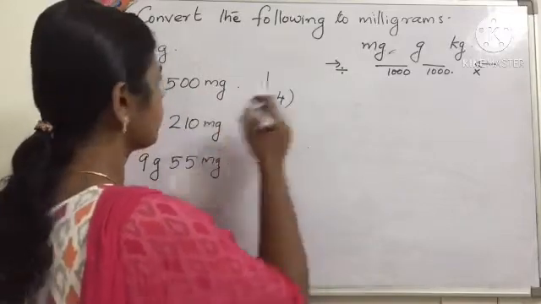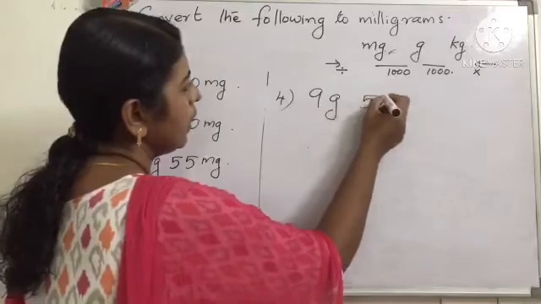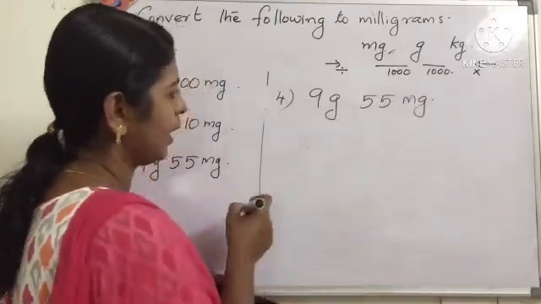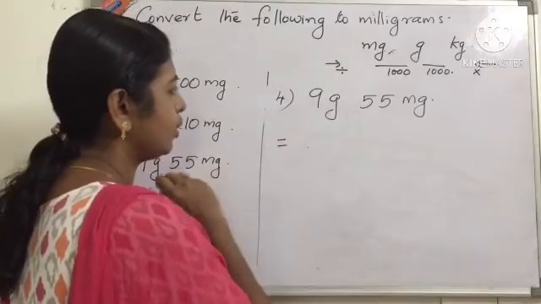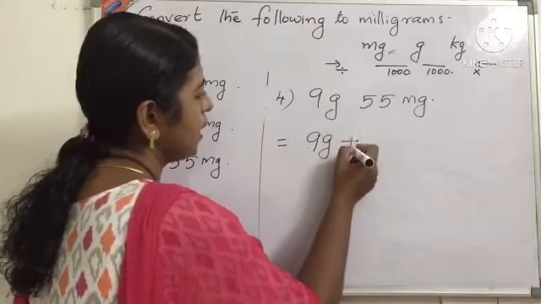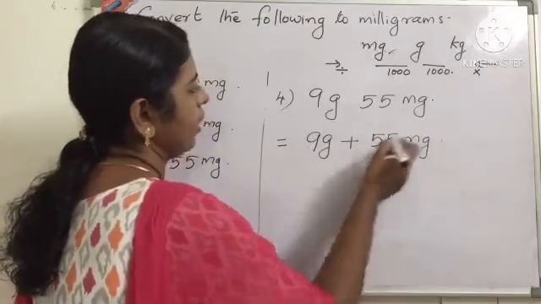Fourth question, 9 gram 55 milligram. Okay, here it's equal to 9 gram plus 55 milligram.